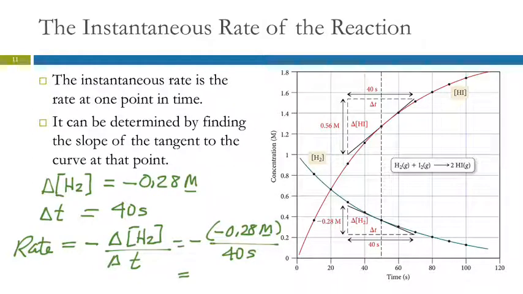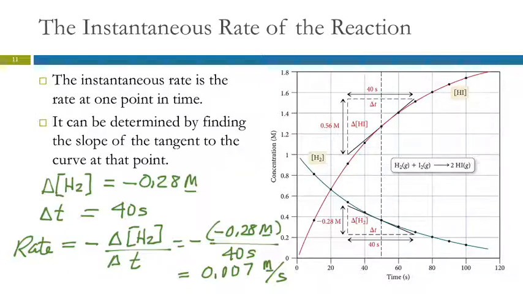So that gives us an instantaneous rate at that point of 0.007. And the units on that would be molarity per second. So that's how you can find an instantaneous rate.